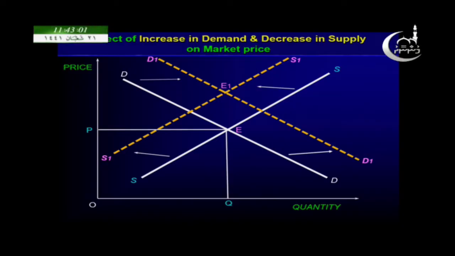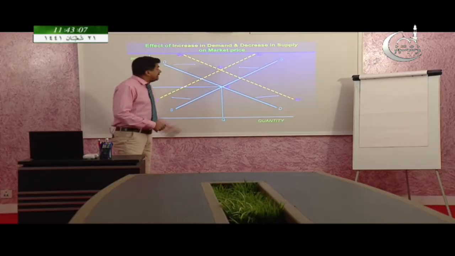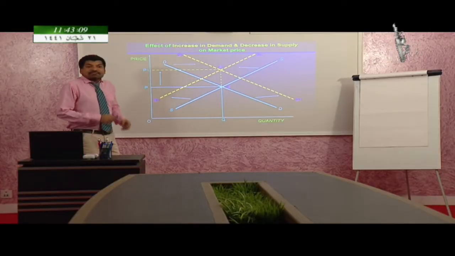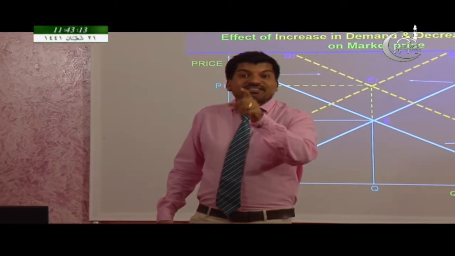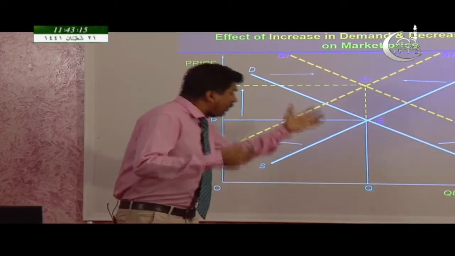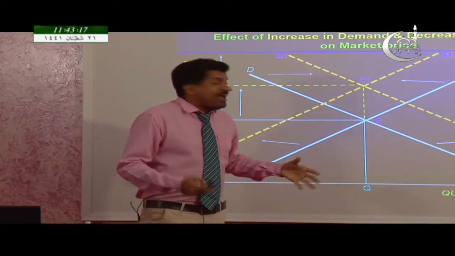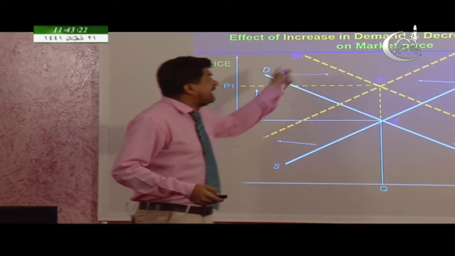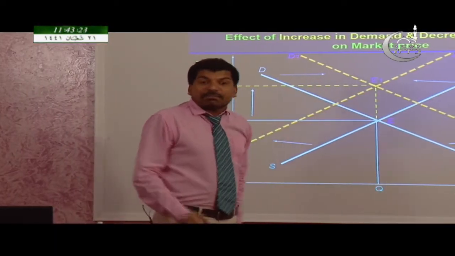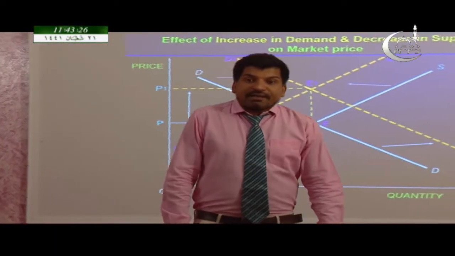What is the impact here? Look at this new equilibrium point E1, which means the market price increased, but market quantity remains the same. This is the effect of an increase in demand and a decrease in supply on market price.